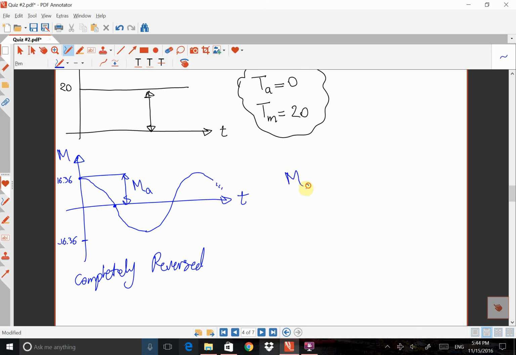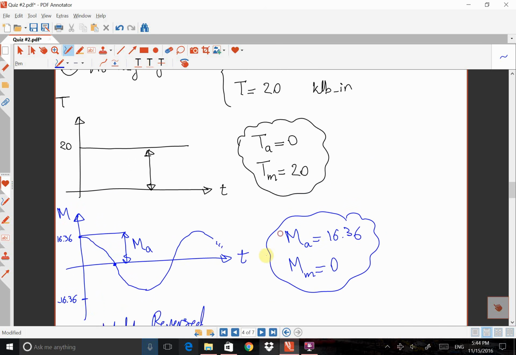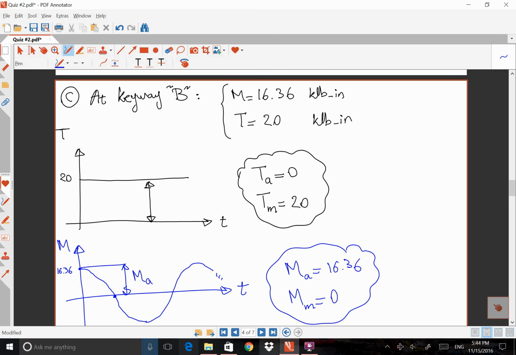So Ma is 16.36 and there is no offset, so the mid-range moment is 0. Okay, so we can get these two pieces of information from these two lines. For each line we need to know the amplitude and offset.